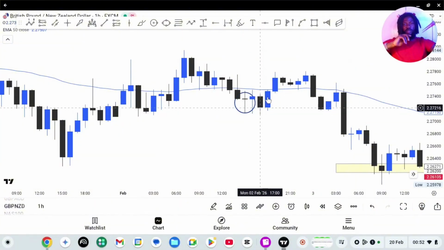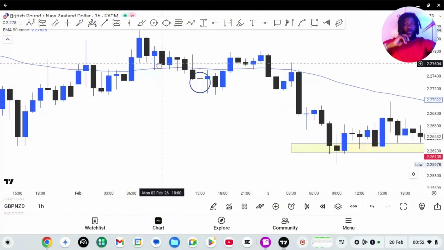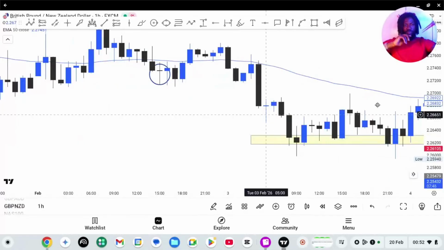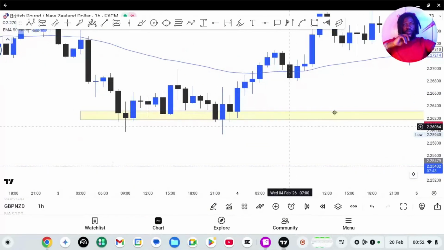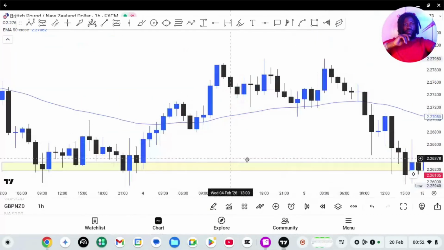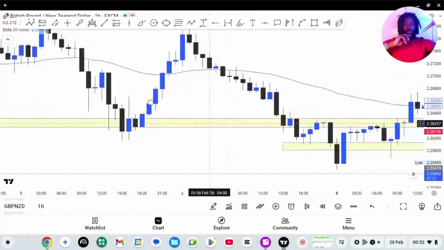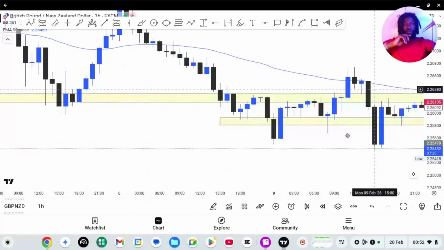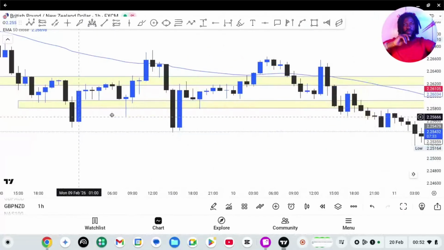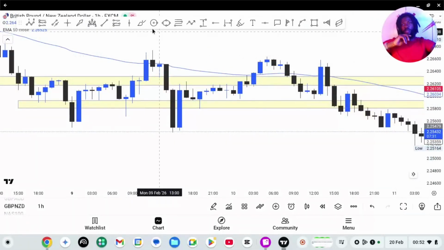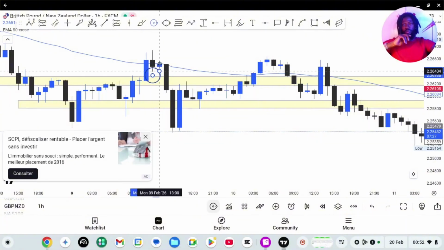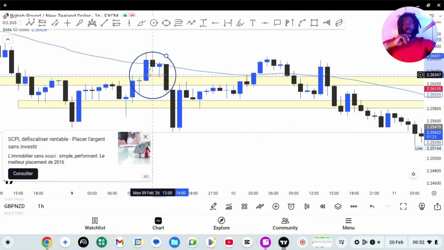We have an engulfing, you see, pushed up. This pattern is also more like the morning star.